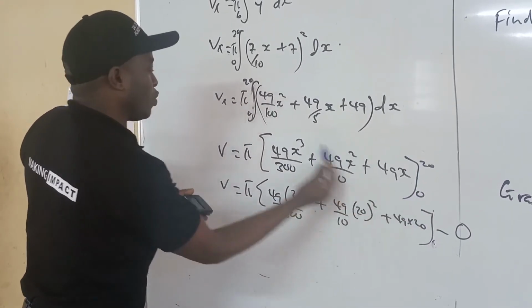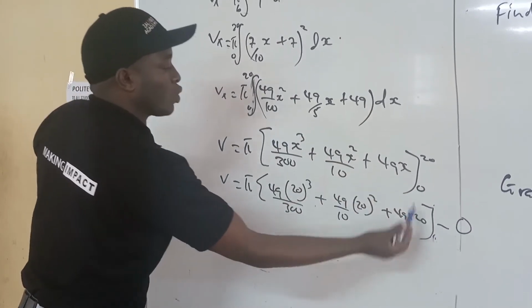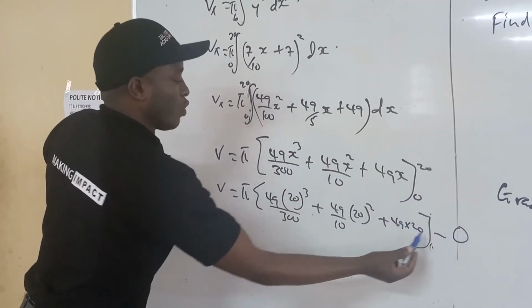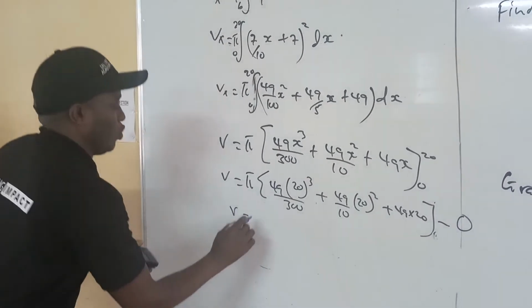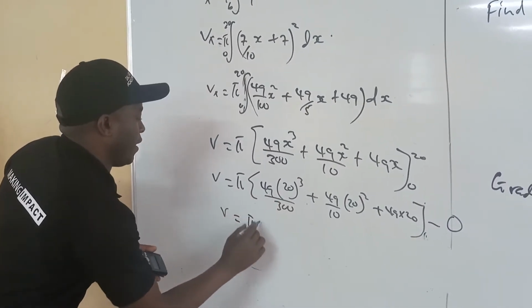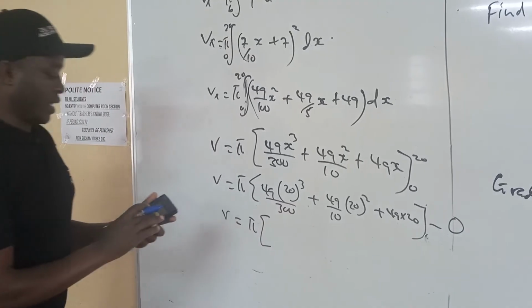The lower also you substitute with everything there. If you substitute 0 with everything, it becomes 0. So minus 0.